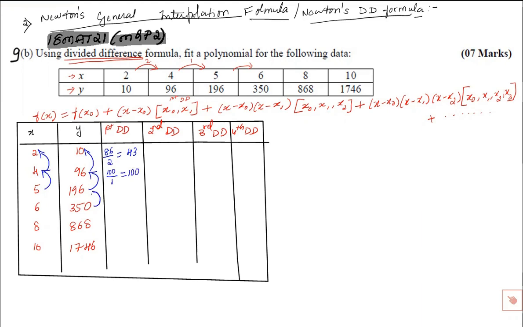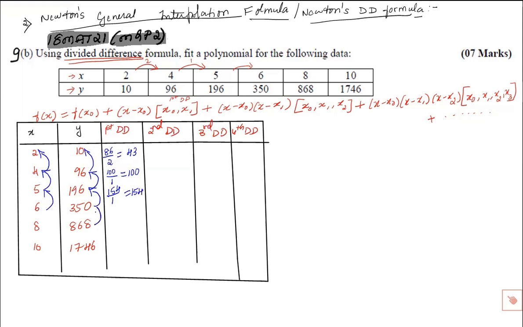Similarly, 350 minus 196 divided by 6 minus 5, that is 1, and 350 minus 196 is 154. So the answer is 154.